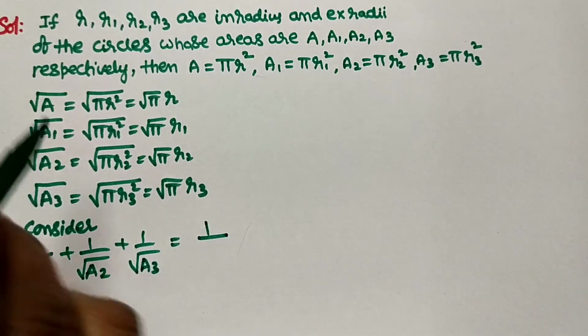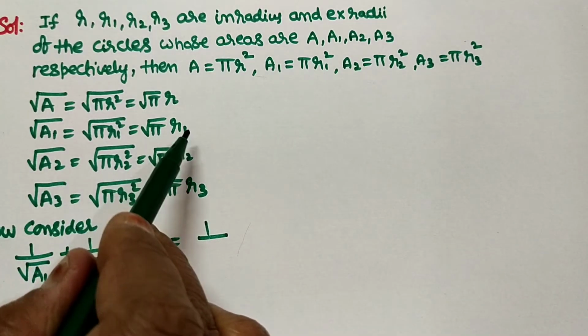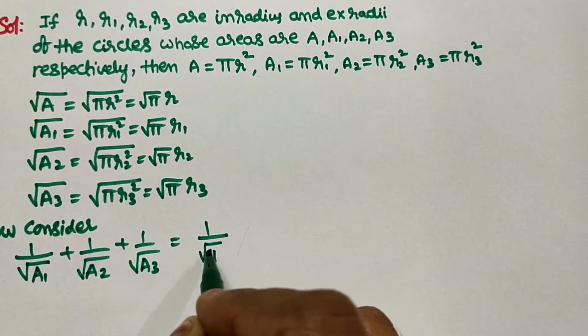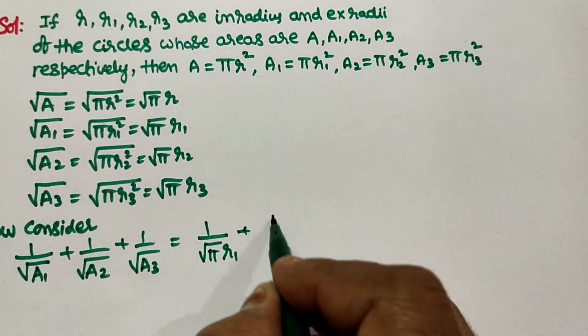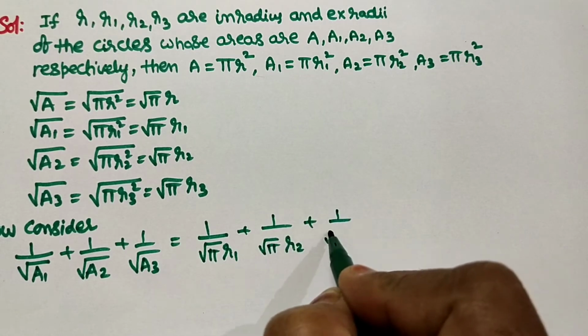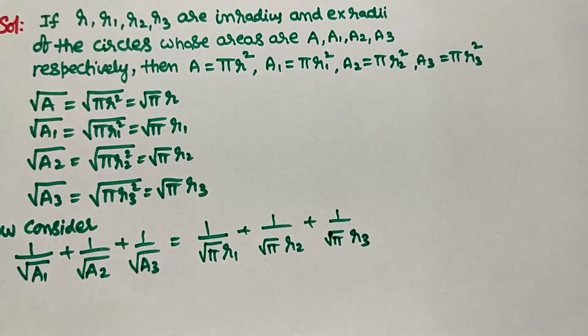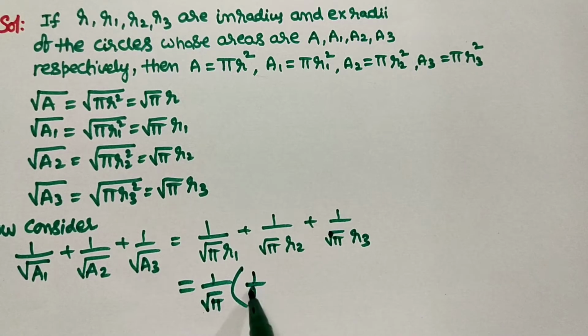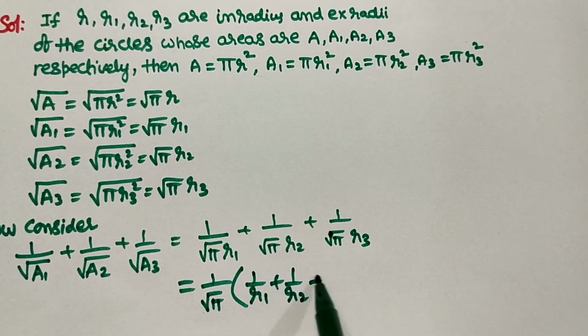The value of root A1 is root pi r1 only, no? So root pi r1, plus 1 by root pi r2 plus 1 by root pi into r3. So from here, take 1 by root pi common: 1 by r1 plus 1 by r2 plus 1 by r3.